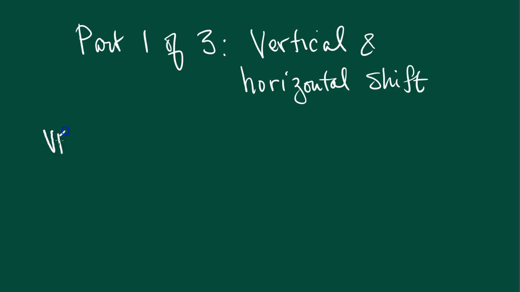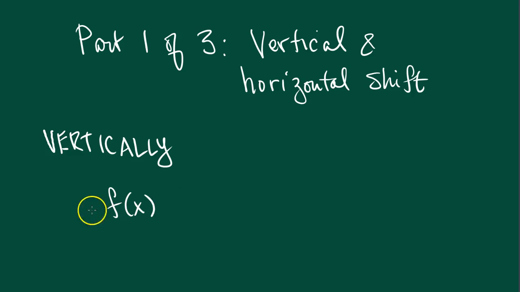If we want to move a function vertically, we can write y is equal to f of x plus some value. Let's call that b. It's a little easier to read.